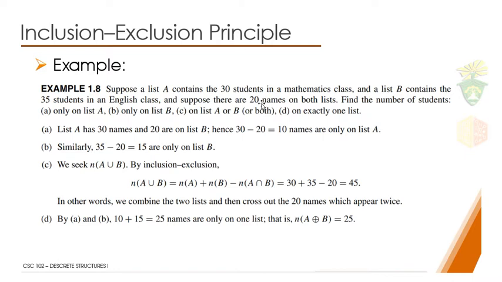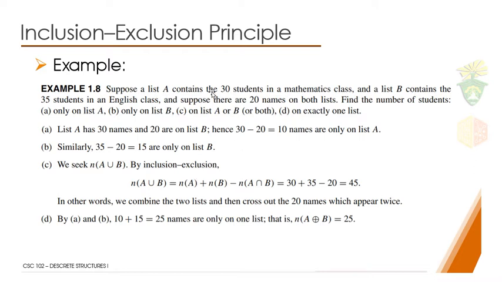Since this 20 is like the intersection of A and B, if we visualize it in a Venn diagram, A has 30 students, B has 35 students, and the middle has 20. So the problem in letter C is that we just count them all. Here we will use the inclusion-exclusion principle.